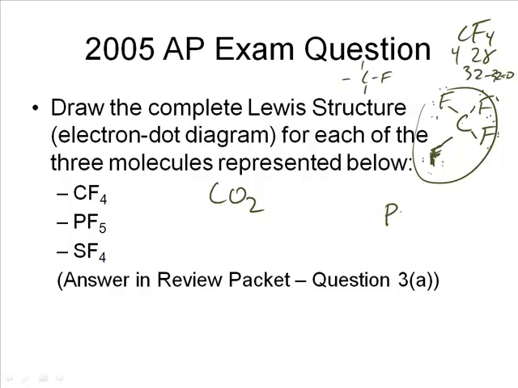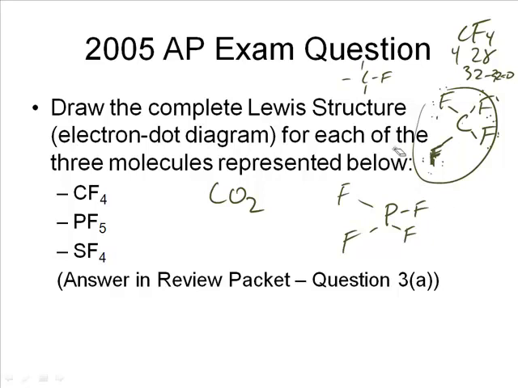PF5 actually is very similar to CF4, but you'll notice that with PF5, you put those 4 fluorines on and you go, oh no, how can I do this? Because phosphorus is going to have more than 8 electrons. It's okay. You don't have a choice. You certainly are not going to have something like this because fluorine's not going to make 2 bonds.